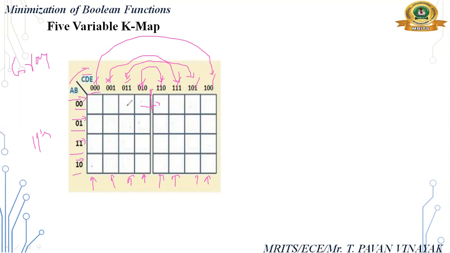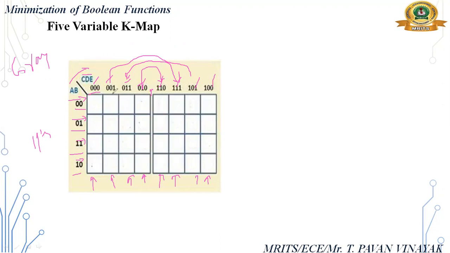If ones are available in the reflection part, we can make a group. Suppose this column has 4 ones and this column has 4 ones. This is one quad, this is one quad, and combined you can take it as an octet. That is the advantage of reflection, and that is called reflection.